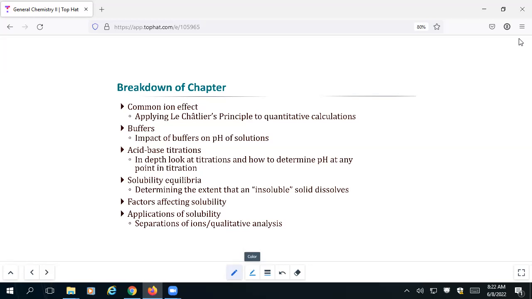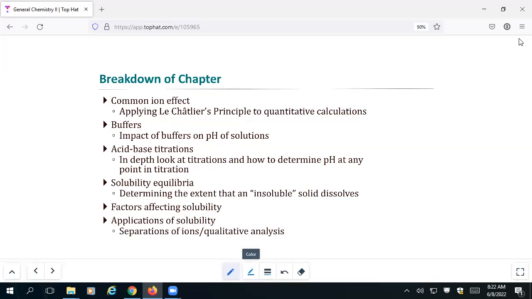The first thing that we're going to look at is something called the common ion effect. The common ion effect is us taking Le Chatelier's principle and using Le Chatelier's principle to tie it to something more quantitative.